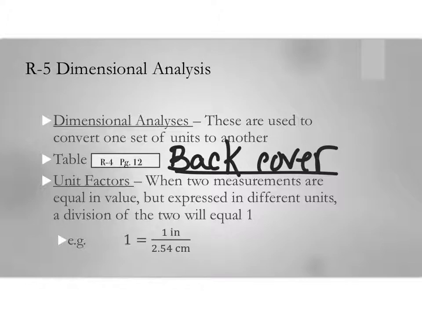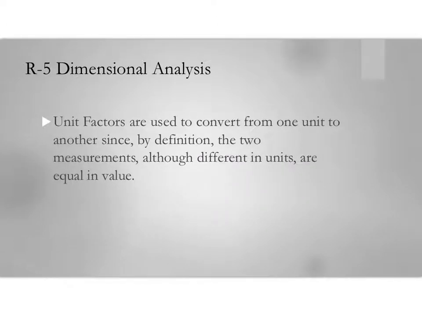So you wouldn't cut it at all, really, but it would still be 1. These are unit factors. Anytime the measurement is the same, but with different units, we call those unit factors. Unit factors are used to convert from one unit to another, since by definition the two measurements, although different in units, are equivalent in value.